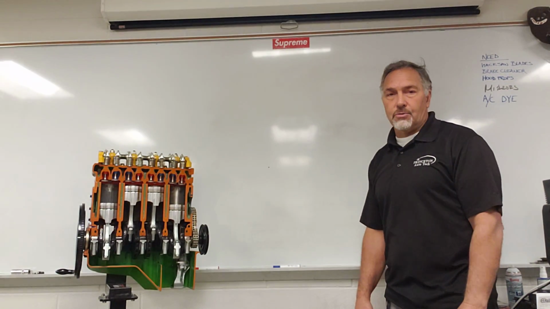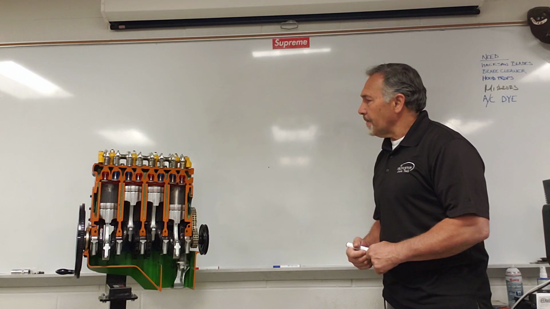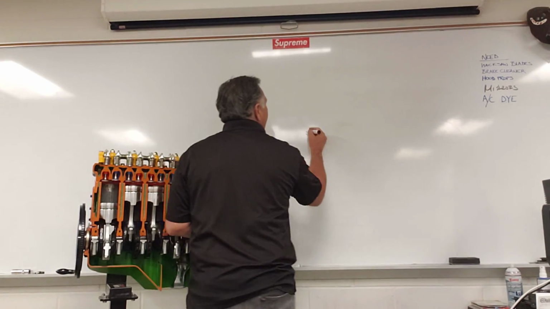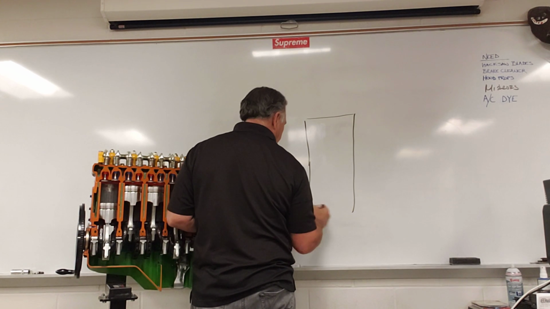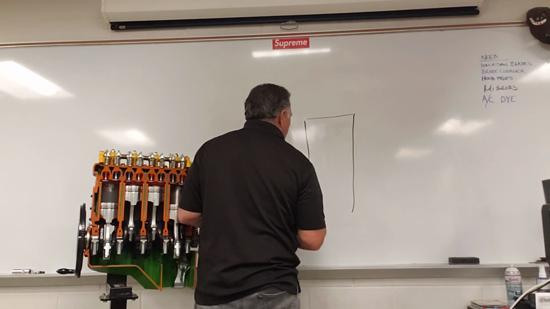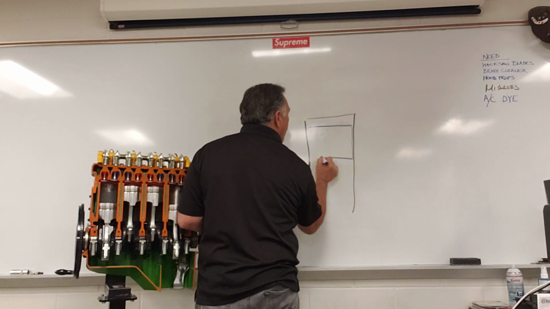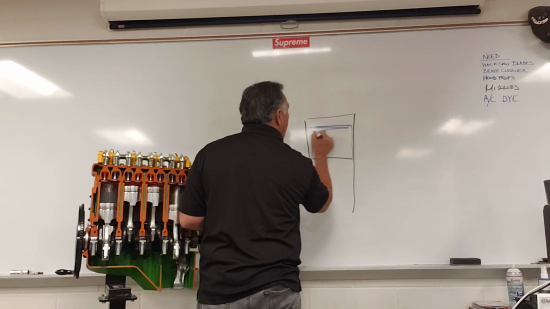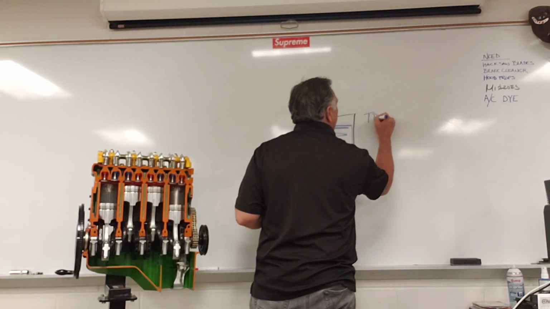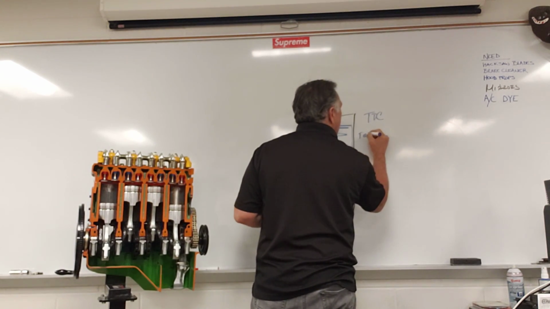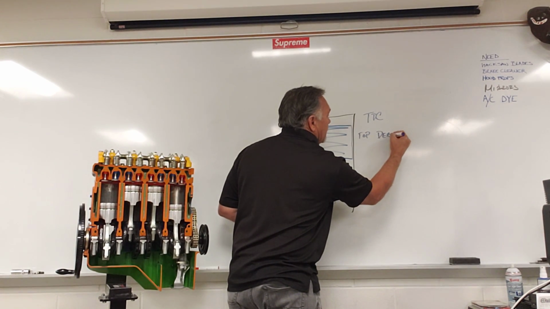What does that compression rating or ratio mean? Well, this is what it means. What we're going to do is take a cylinder, and we're going to run the piston all the way up to TDC, which is top dead center.